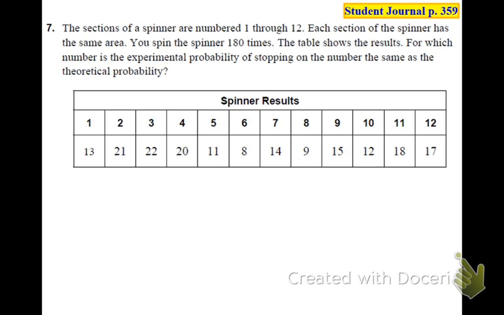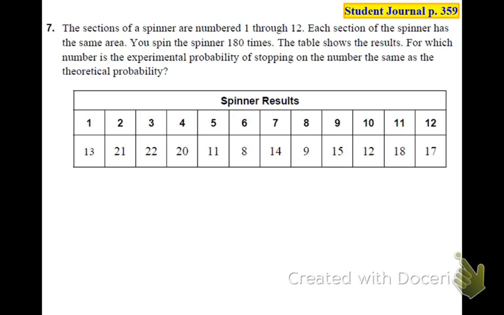So there's only 1 chance to get any of them. 1 chance to get a 1, 1 chance to get a 2. So you're going to do 1 out of 12, because there's only 1 of each and 12 different outcomes. What is this as a percent? Round to the nearest tenth. 8.3%. So we are trying to match our theoretical probability of 8.3%.